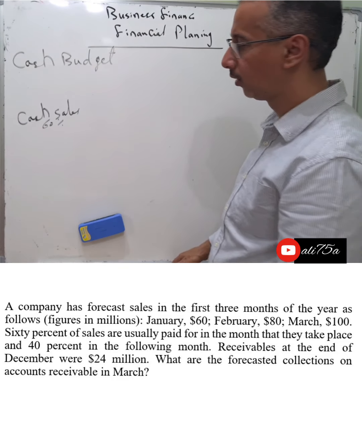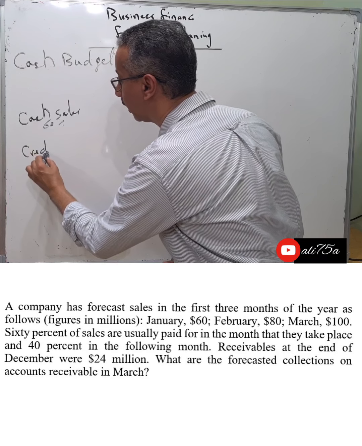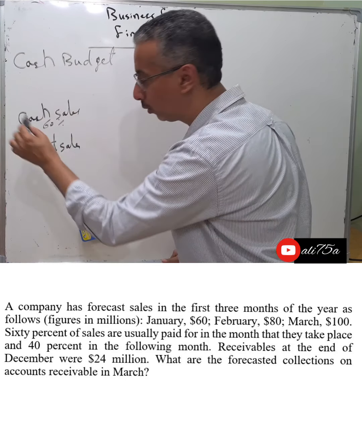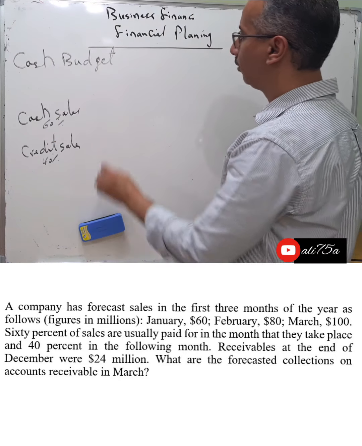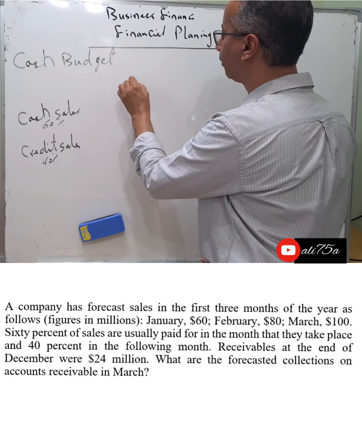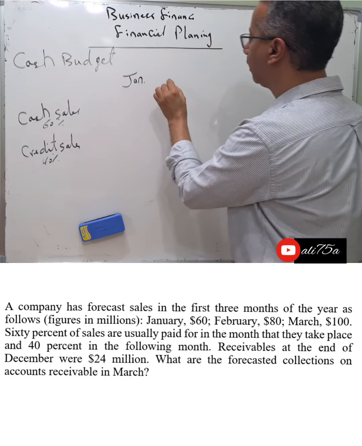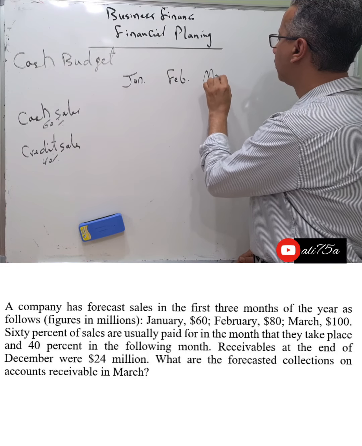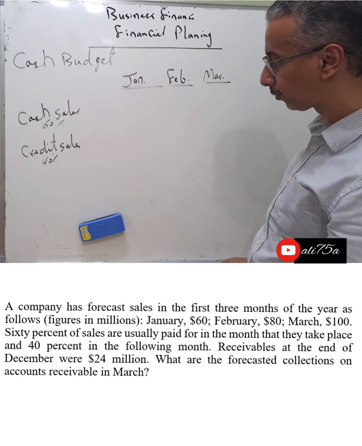And the credit sales on accounts receivable collected in the following month, which is 40%. We have data related to January, February and March for 3 months.